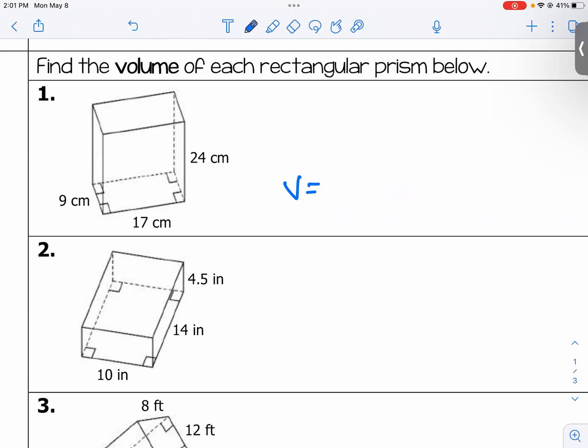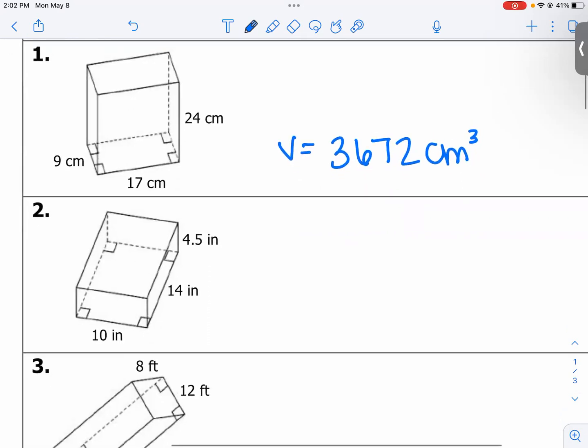No. 3,672. Yes. Okay. Now, Bryce, chance of redemption here. What's my label? Squared centimeters. We are talking about volume, so our units need to be cubic centimeters. Okay.